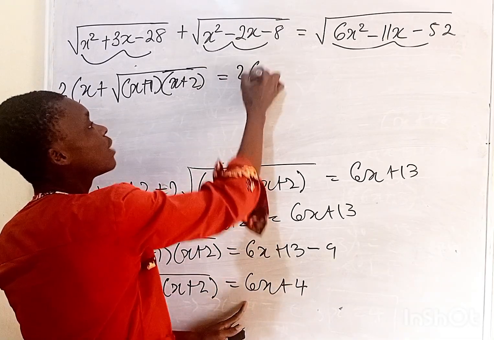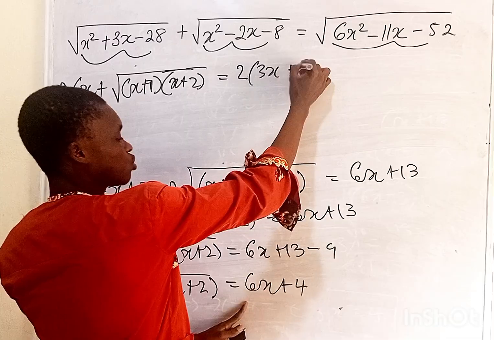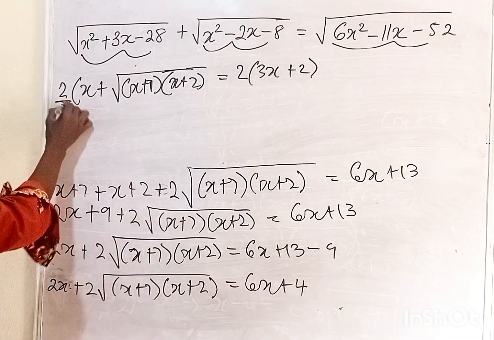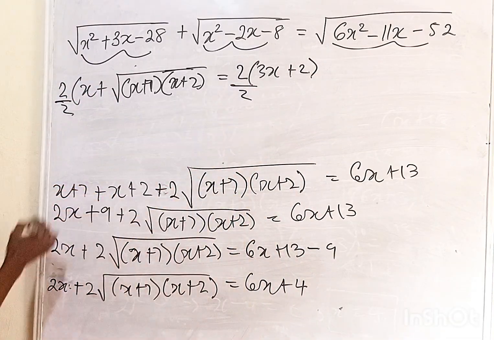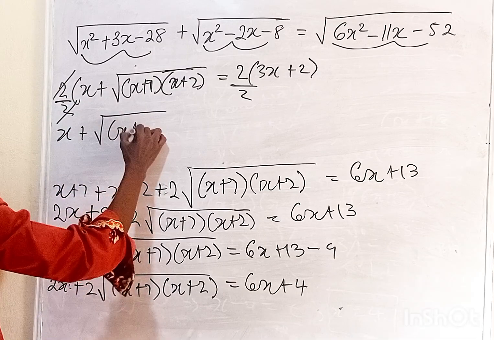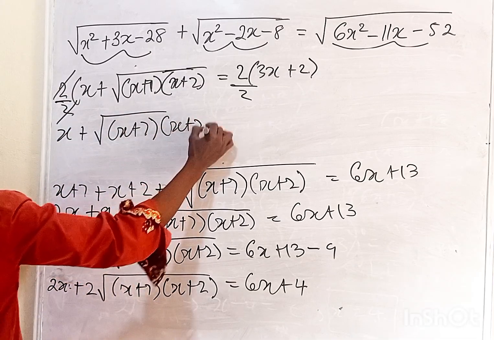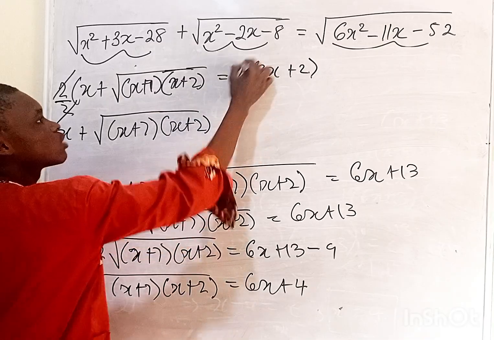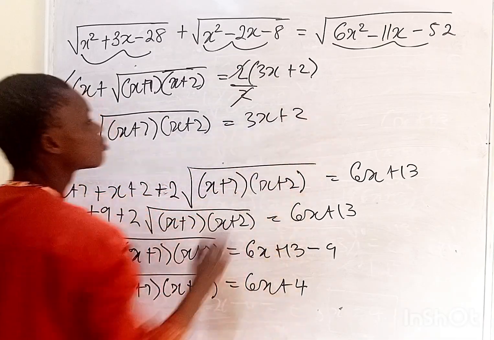If you factorize 2 here, we have 3x + 2. So from here, we can divide both sides by 2. If we divide both sides by 2, the 2 cancels out, and we have x plus the square root of (x + 7)(x + 2) equals 3x + 2.